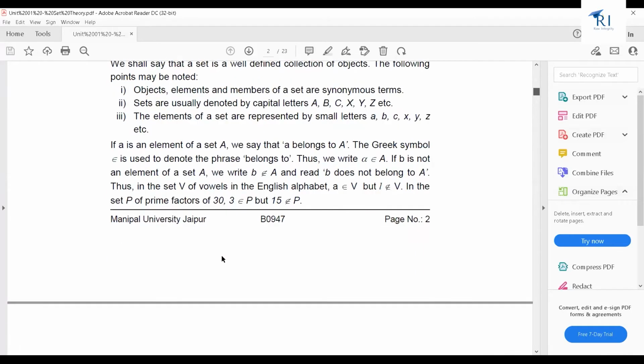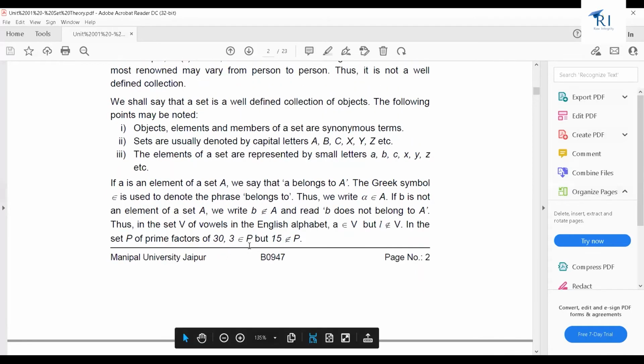Yeah, here: 3 is an element of P. It means that 3 is an object, a member, or an element present in set P, capital P. And if an element is not present in the set, we say this element doesn't belong to set P, or it's not there in set P. So here, 15 is not an element of P. It's the same symbol, but we cross it. 15 is not an element of P. Got it?